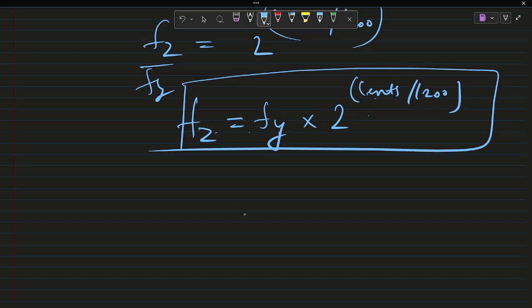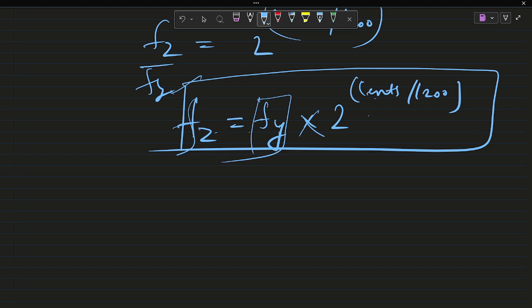But one thing is clear: if we want to go higher than a particular frequency fy, we need to multiply your present lower frequency by 2 power number of cents by 1200.